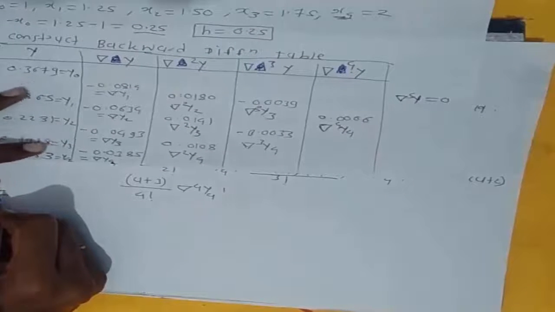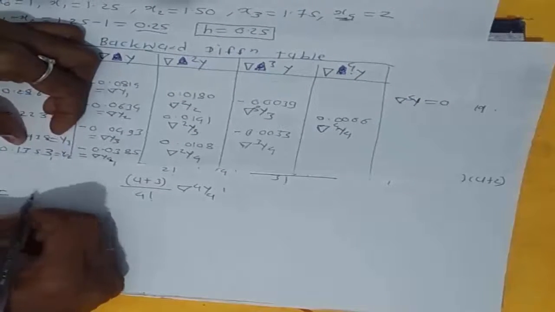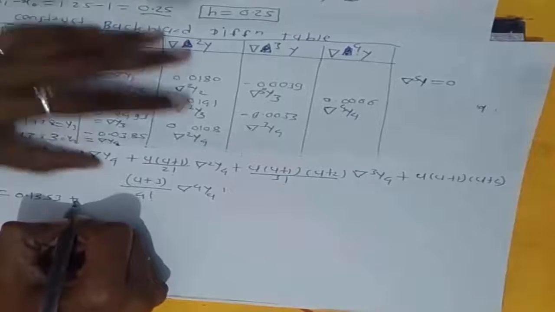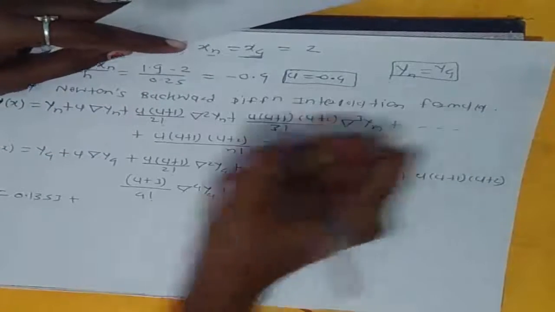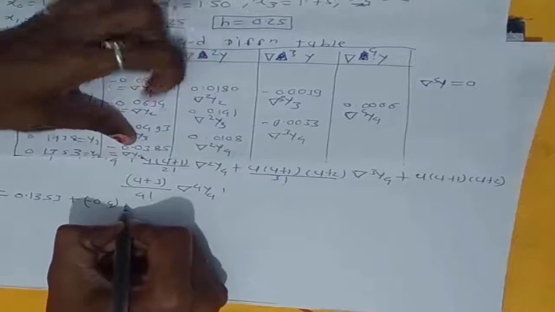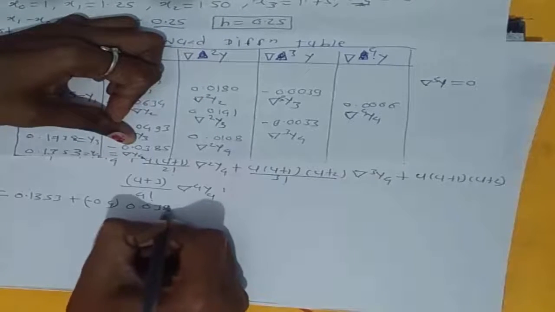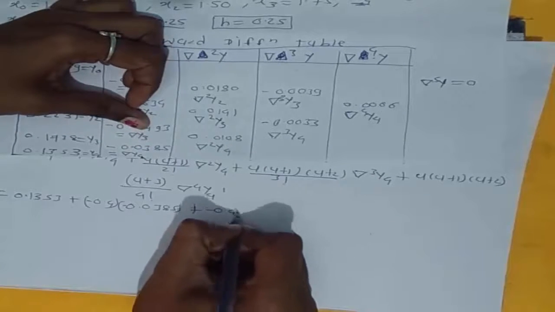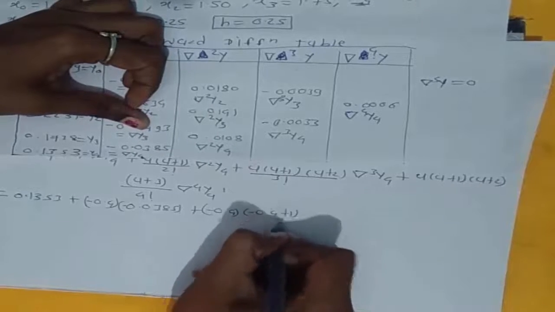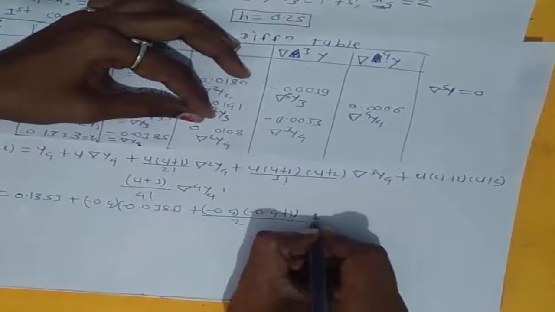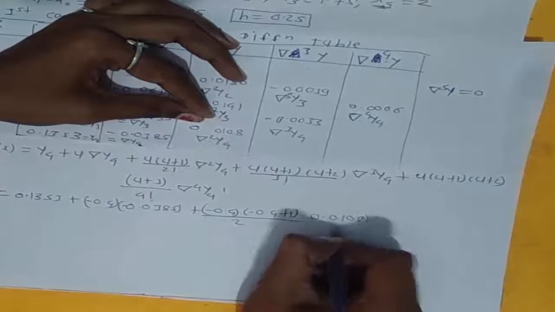y4 is equal to 0.1353, plus u, which we found to be minus 0.4, then we use the leading backward difference del y4 from the table, which is minus 0.0835. Plus u again, minus 0.4, into minus 0.4 plus 1, divided by 2 factorial, that is 2, into del square y4, which is 0.0108.